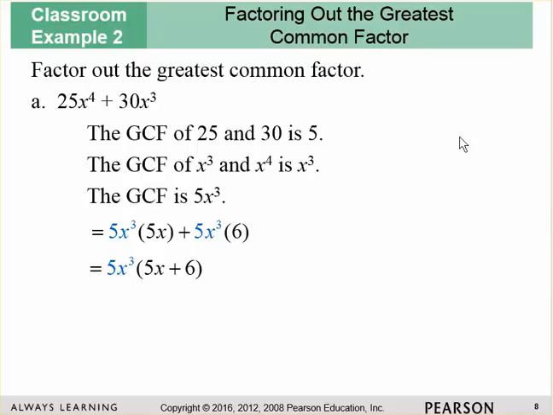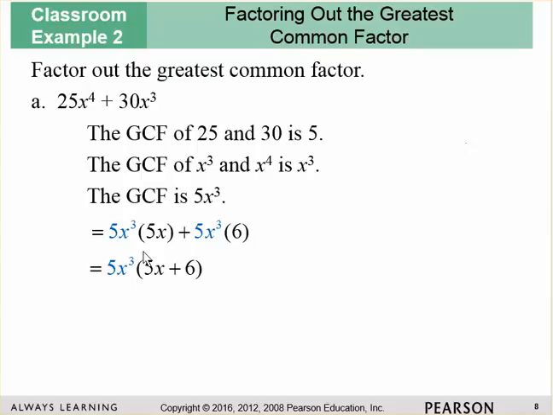And we have x to the 4th and x to the 3rd. So the largest that they have in common is an x to the 3rd. So the greatest common factor, the GCF, is 5x to the 3rd.